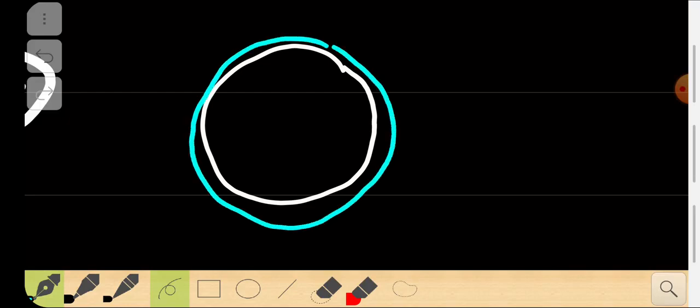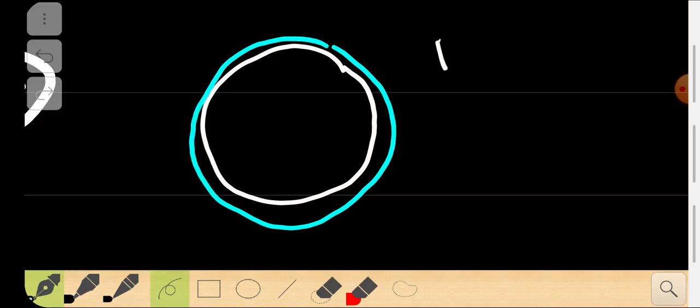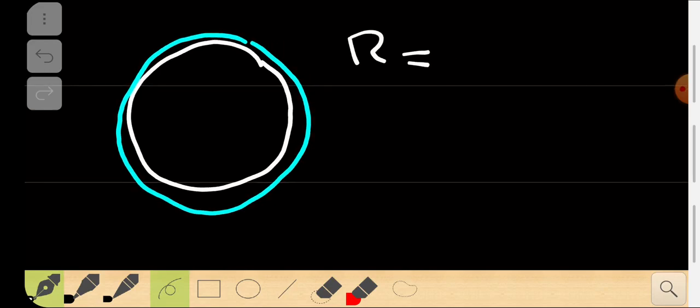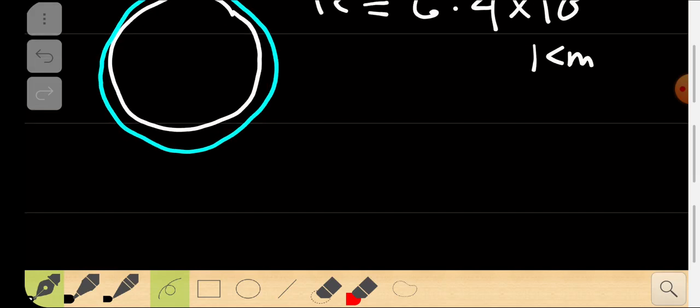There are hills and all that. Now you know for a fact that the radius of earth is equal to 6.4 times 10 to the power 3 kilometers, right? That's a fact. Then you can find out the mass of water.